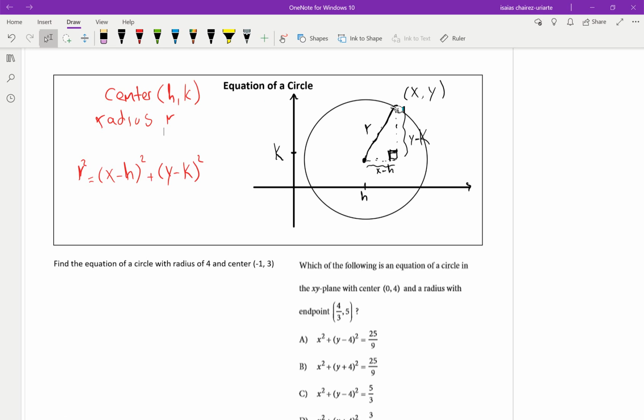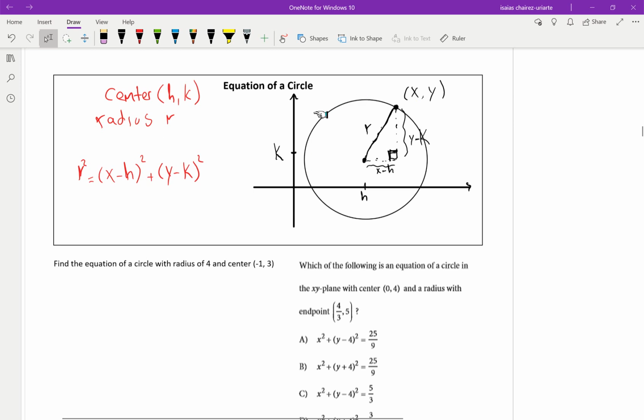First of all, if you think about it, I'm really interested in all of the points on the circumference of the circle. Think about any point on the circumference. The circumference is just kind of like the outer wire of the circle, the perimeter of the circle.